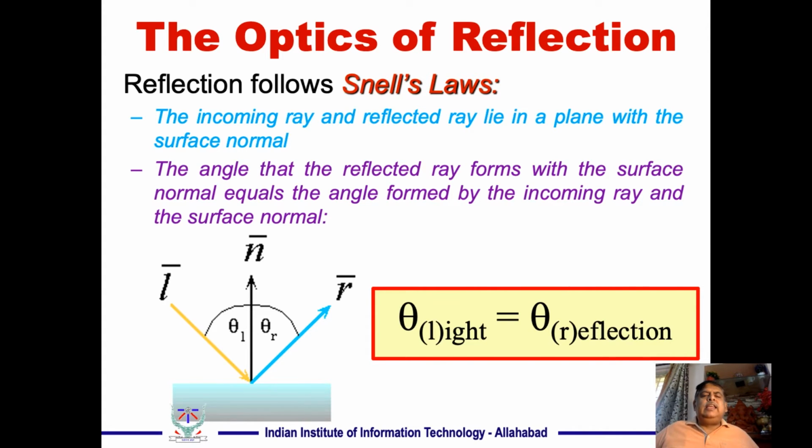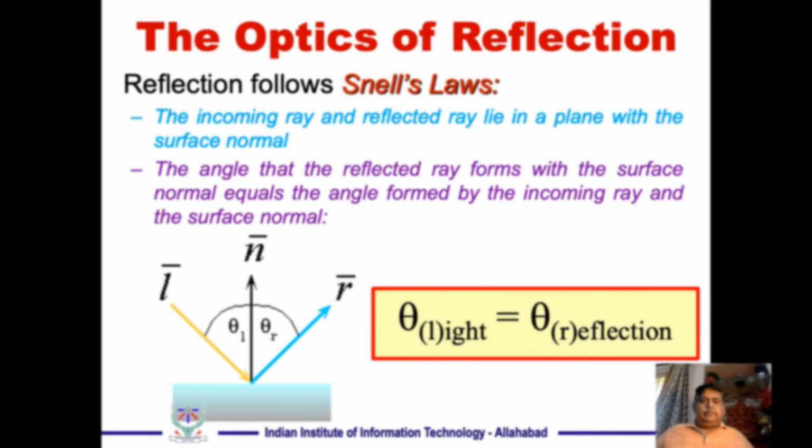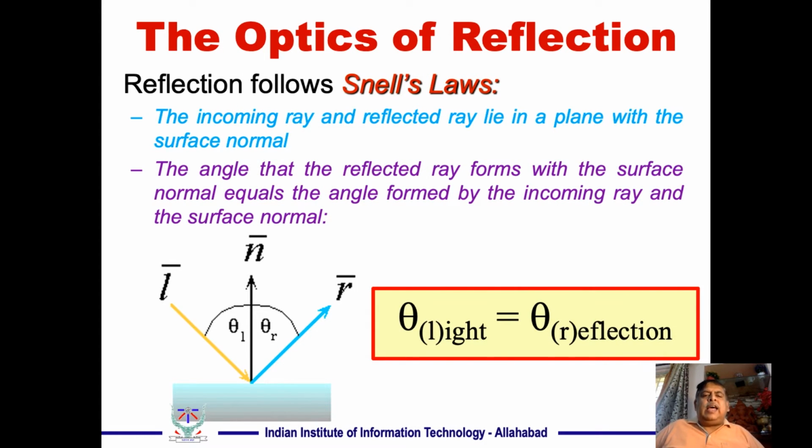The angle that the reflected ray forms with the surface normal equals the angle formed by the incoming ray and the surface normal.